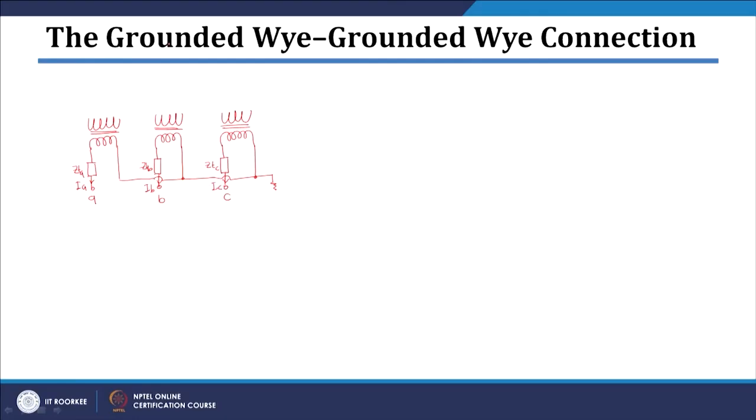Now, primary is also a grounded Y connection. In that case, you have these three terminals which are basically capital A, capital B and capital C, and we need to make the star point by connecting the other three terminals together, which will be grounded, and this terminal I am calling capital G, and this is small g.